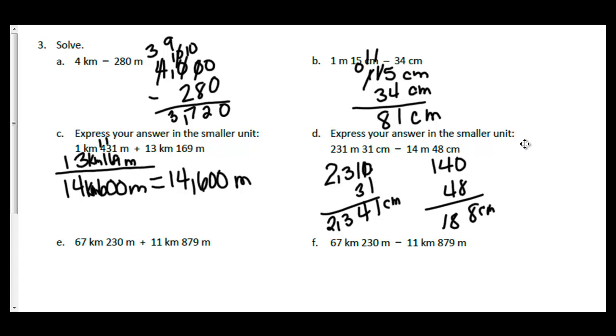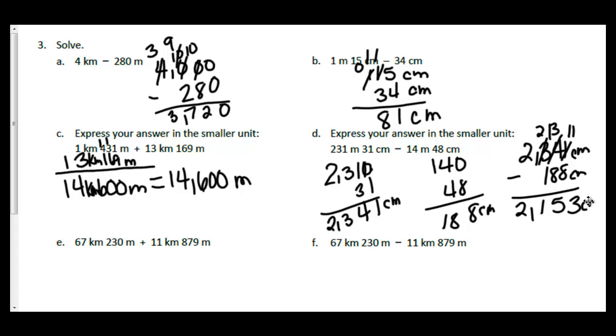Okay, so now I can subtract. 2,341 centimeters minus 188 centimeters. Okay, so I'm not ready to subtract here, so I'm going to decompose. Not ready to subtract in the 10, so I'm going to decompose. 3, 5, 2. So that's 2,103 centimeters. Whew, a lot of work.